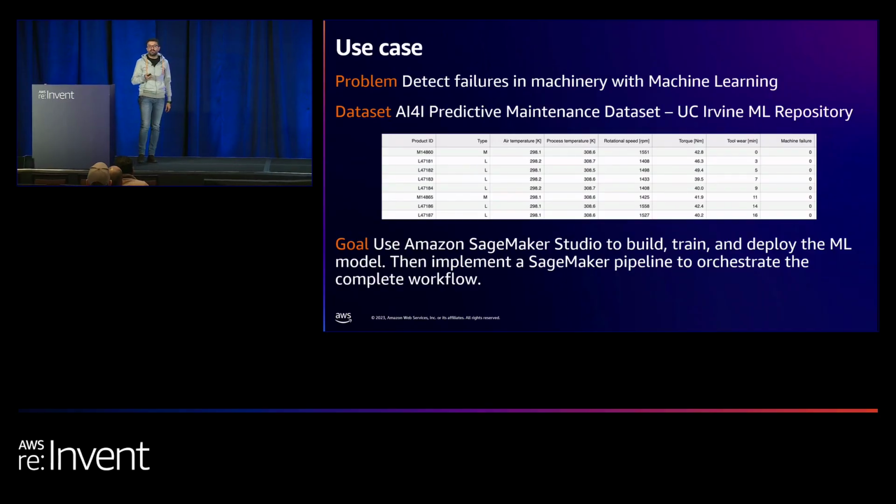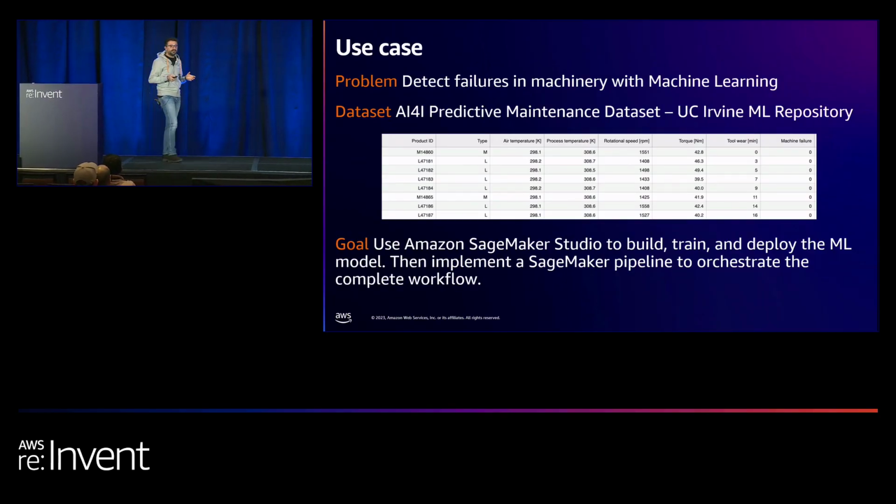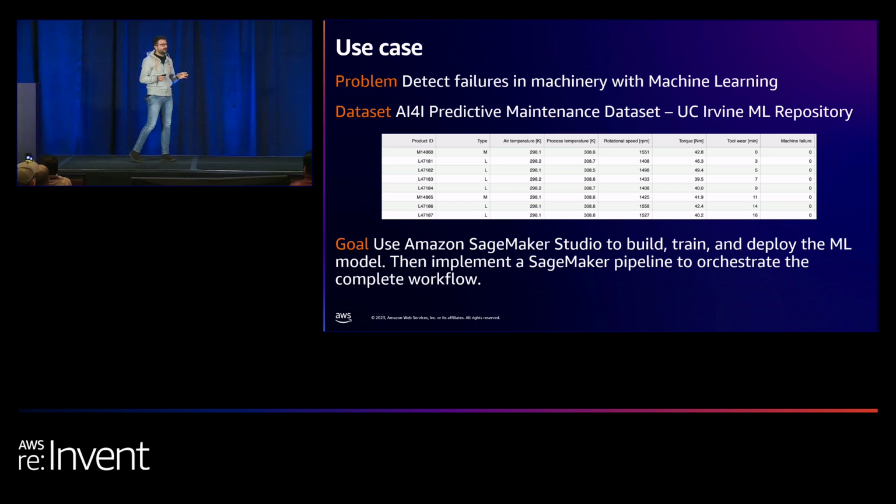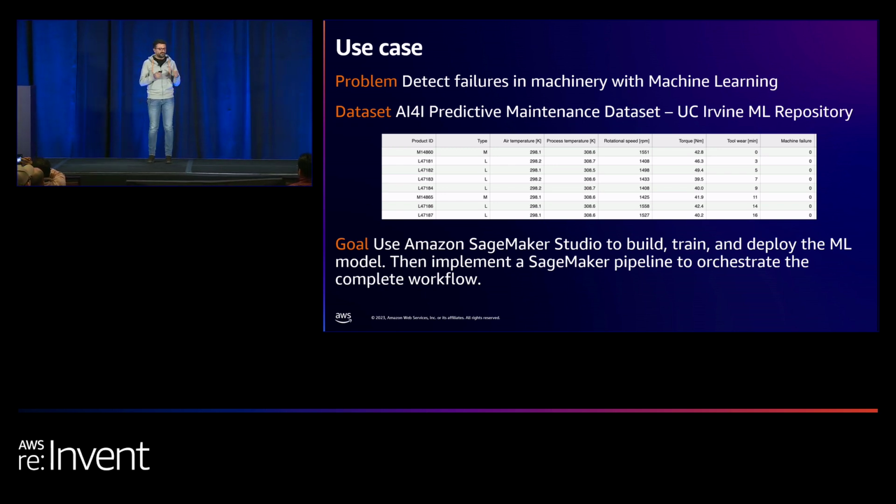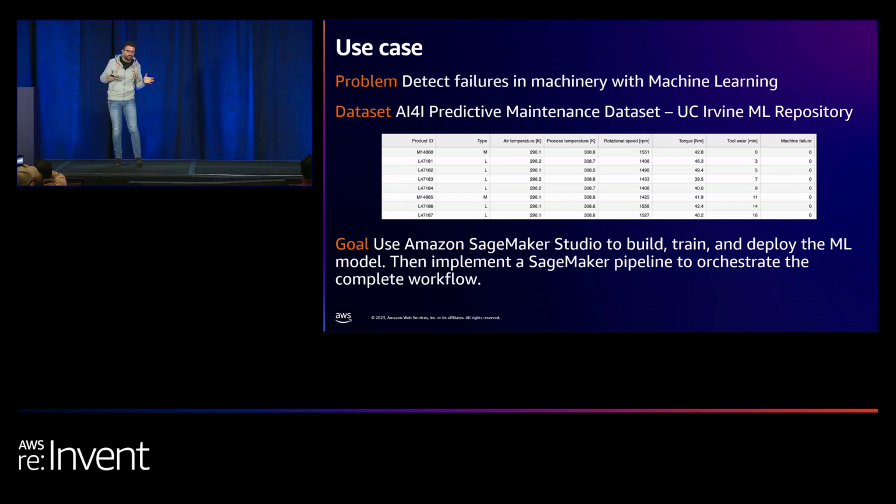So before we get into the demo, let me spend a couple of words on the use case that we are trying to solve today. So we want to solve a pretty simple problem, which is detect failures in machinery with machine learning. Well, it's a hard problem, but it's simple based on the data that we're going to work with today.